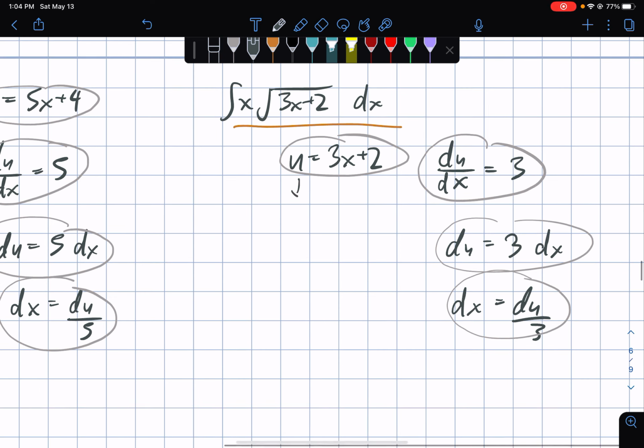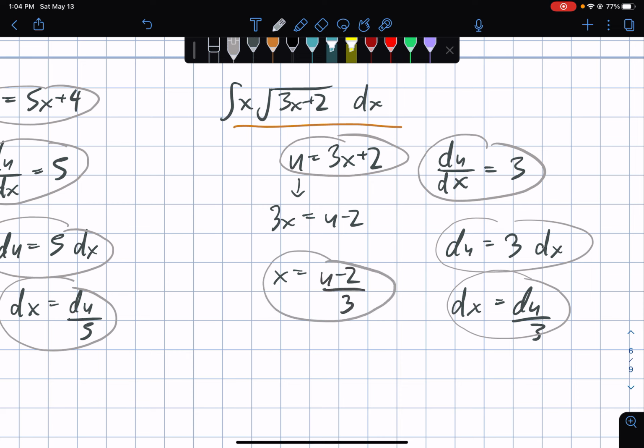Okay, so you have to solve for x according to organic chem. So x is equal to u minus 2. And then divide both sides by 3. We have u minus 2 over 3. Let's use this as blue.